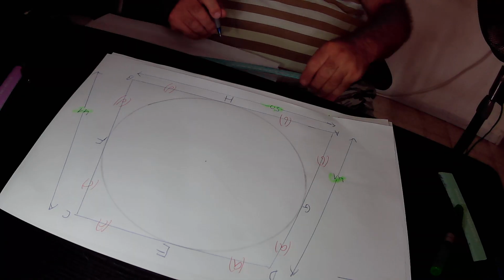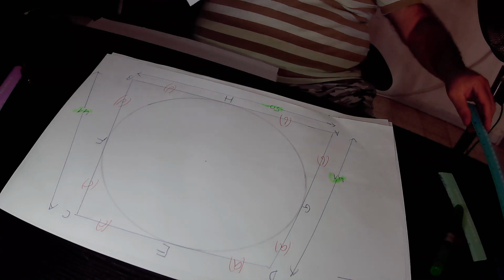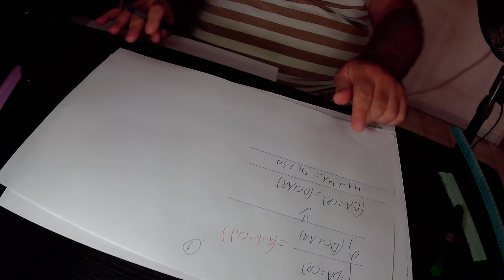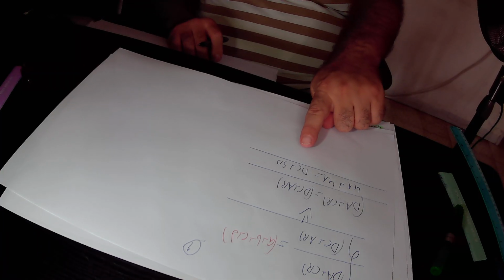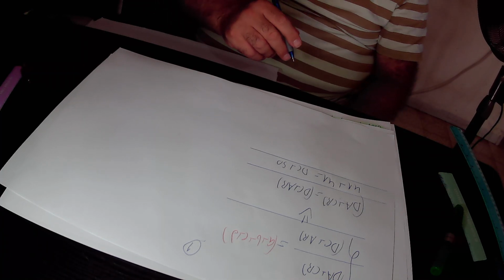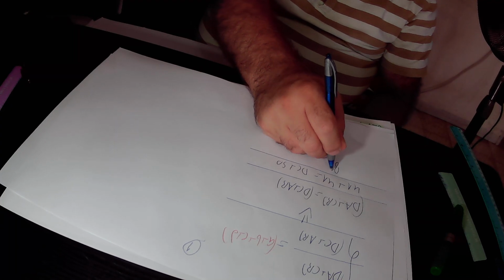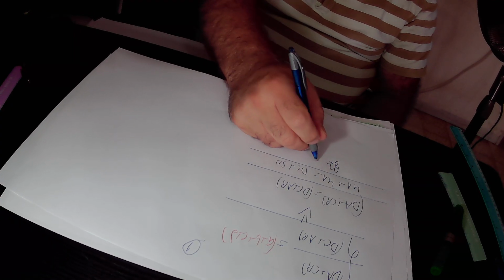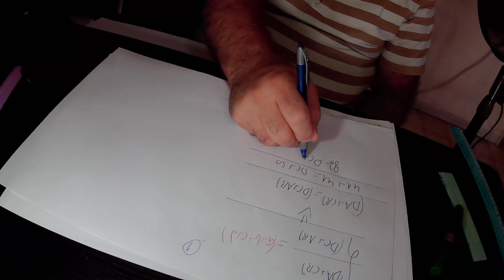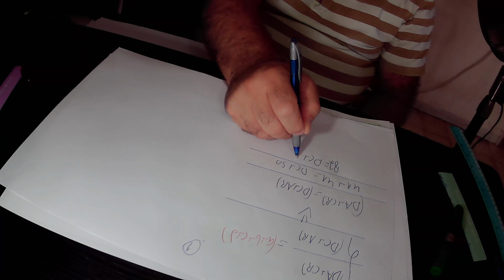So in total, 41 plus 41 equals DC plus 50. 41 plus 41 is 82. So 82 equals DC plus 50.